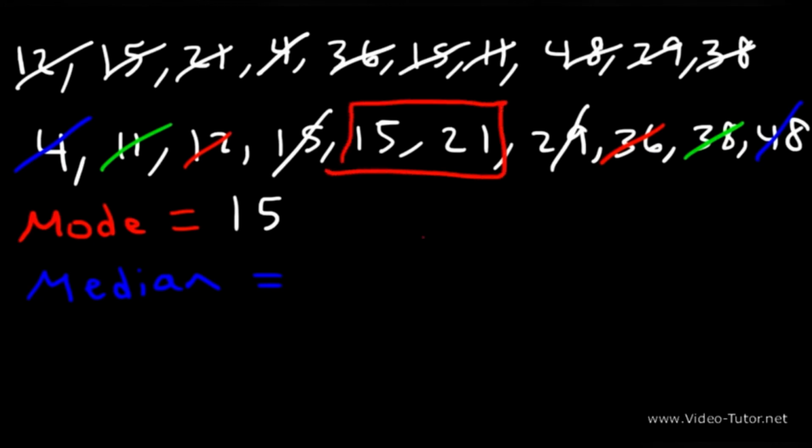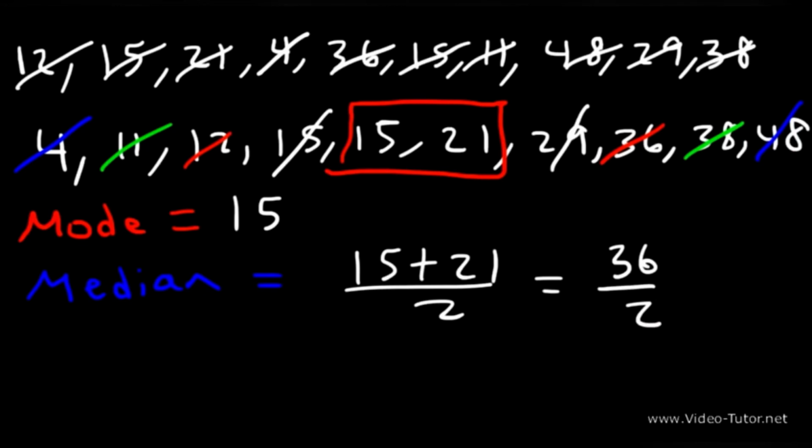Whenever you encounter a situation like this, what you need to do is take the average of the 2 numbers. Add up the 2 numbers and divide by 2. This will give you the midpoint between 15 and 21. The middle number is 18. 15 plus 21 is 36. Half of 36 is 18. So that's the median. That's the midpoint between 15 and 21.